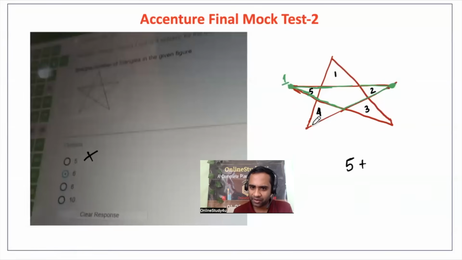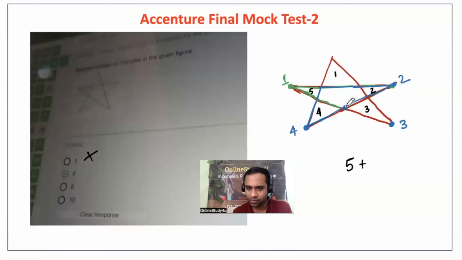From this point, let me take another color, you come down here, and then you go here, and then this one. So this particular triangle you will be able to make. From this point, one more, and from this point we have one more.